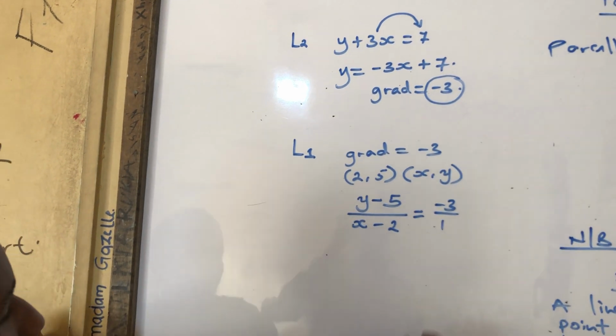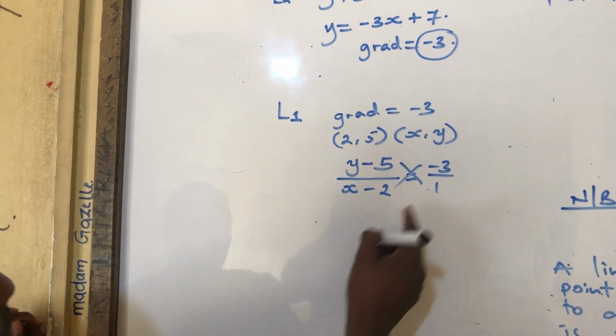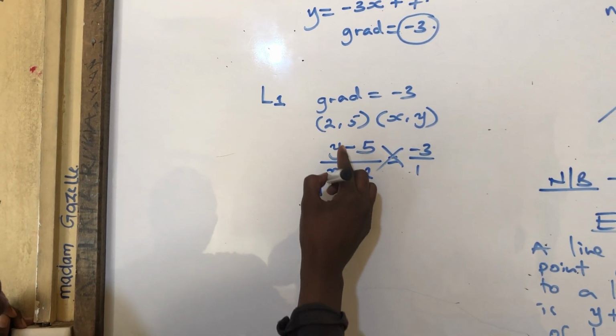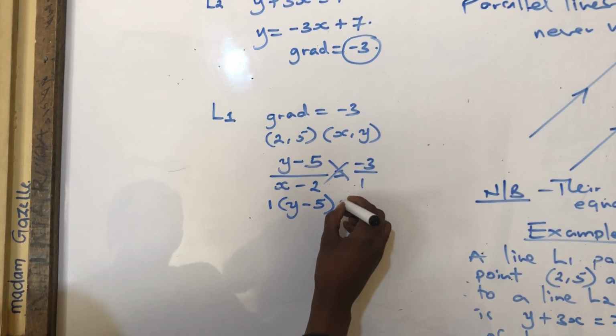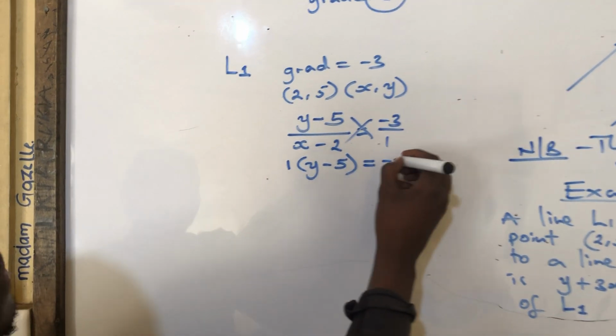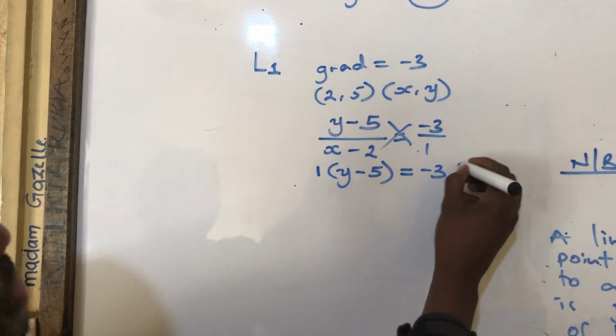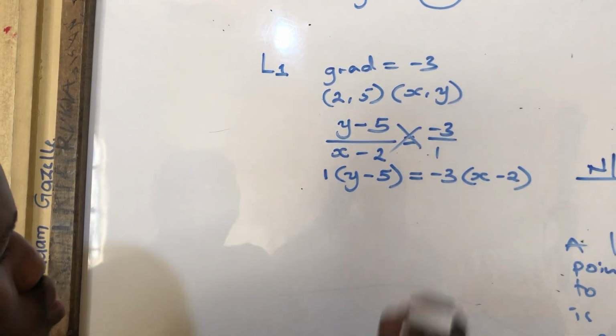What then will we do next? We will cross multiply. The 1 will be multiplied by y minus 5, equals negative 3 multiplied by x minus 2.